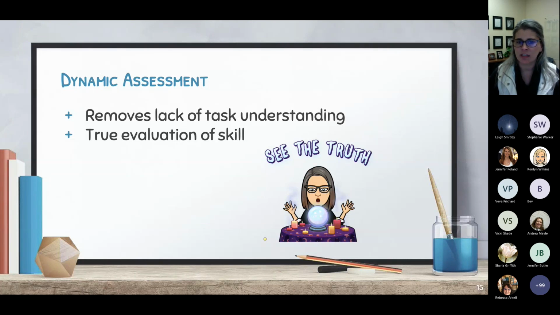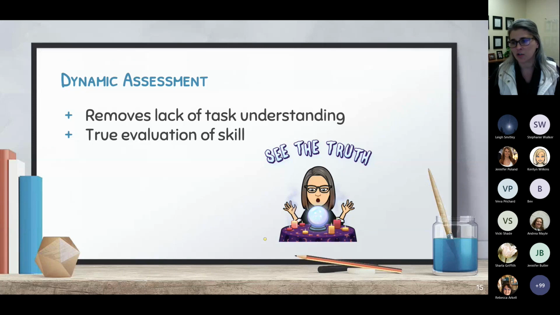As we watch the video, you'll notice that the initial story retell that I got from him versus the one that I got after we did a little bit of training is completely different. It's drastically different. And had I written a goal off of his first narrative retell, I would have completely underestimated where we could go from there.